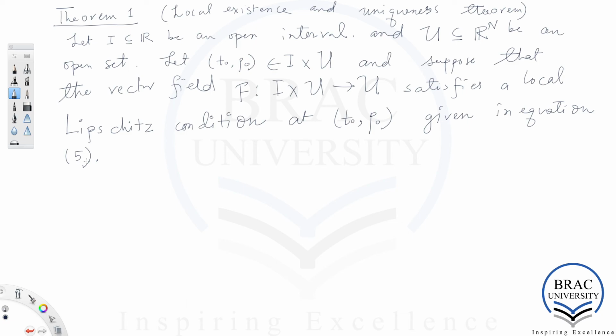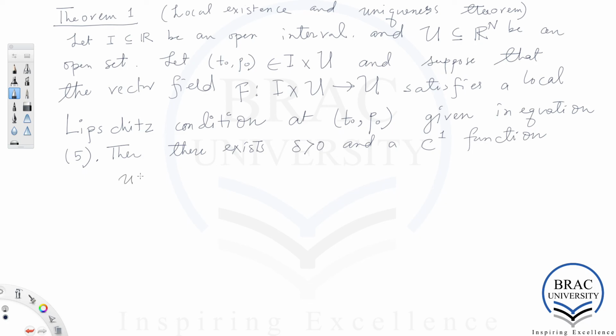If this is the case, if this vector field satisfies the local Lipschitz continuity condition at (T0, P0), then there exists a positive number called delta and a C1 function. We know what it means to be a C1 function, right? A function for which all the first order partial derivatives exist and are continuous is called a C1 function.